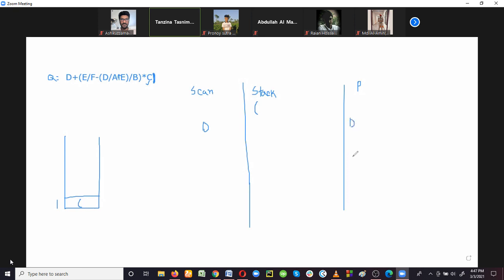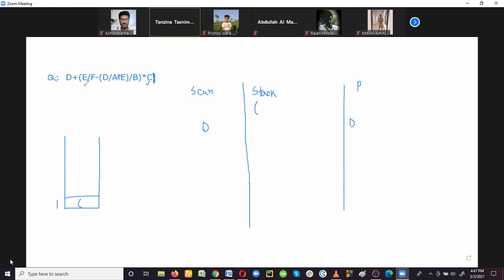That is another step of the algorithm. First of all, we have to scan this infix notation. After the first scan, we got D, and is this an operator or operand? This is an operand, right? So when the data is an operand, just store it in the postfix notation.